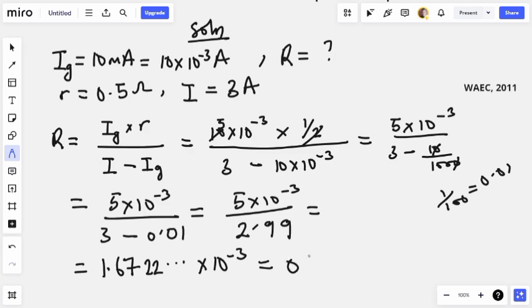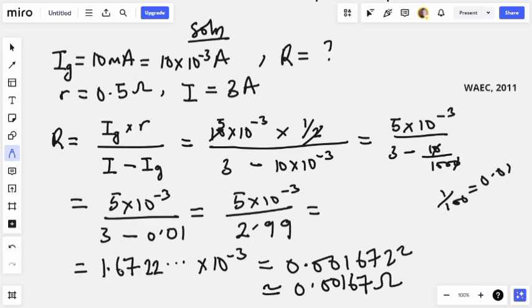0.001672, which is approximately 0.00167 ohms.